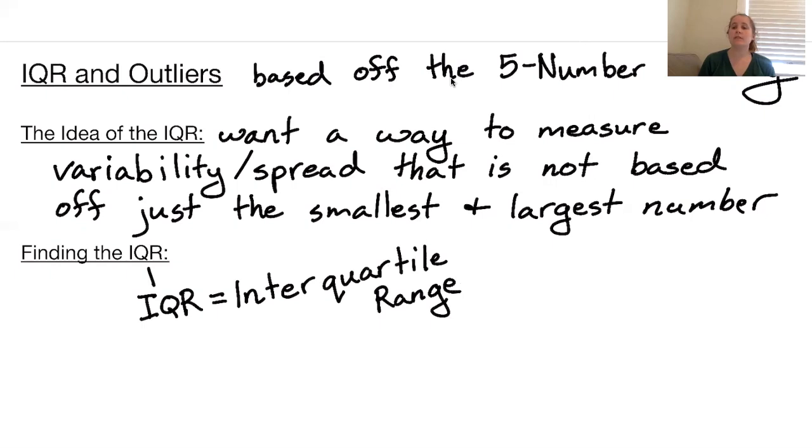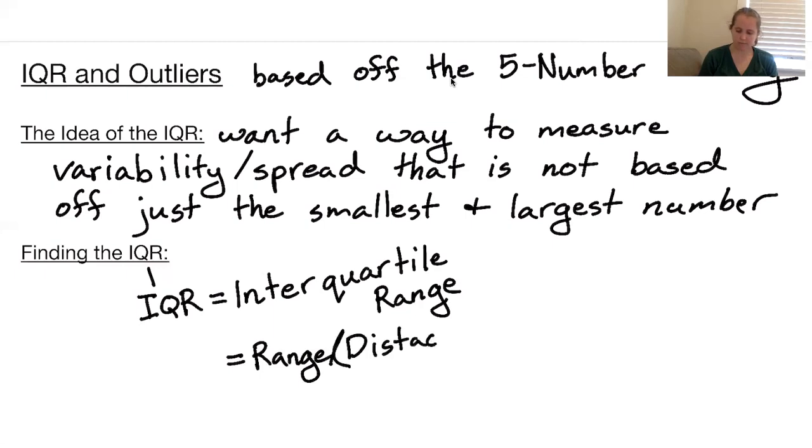And we are essentially looking at the range between our two quartiles, Q1 and Q3. So it's the range or distance between Q1 and Q3.